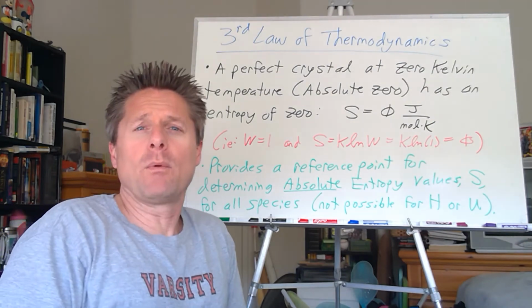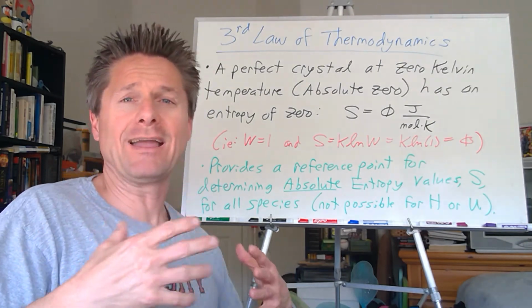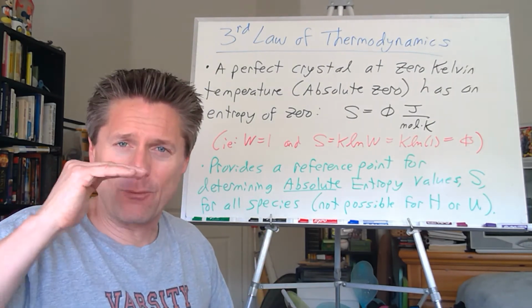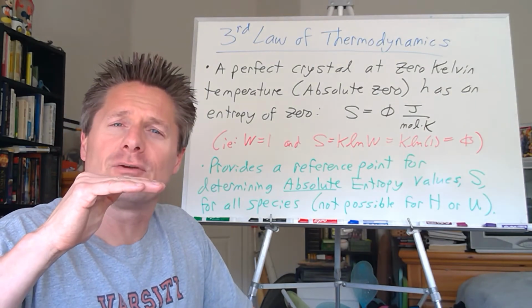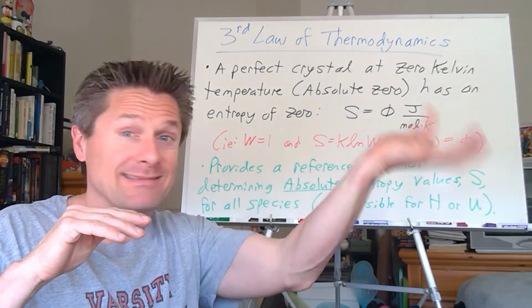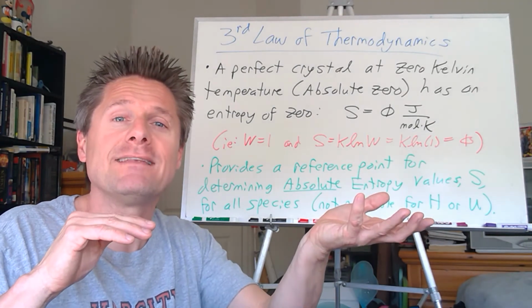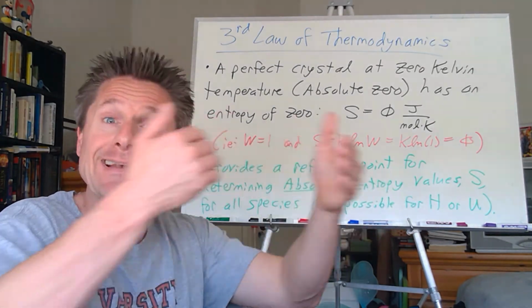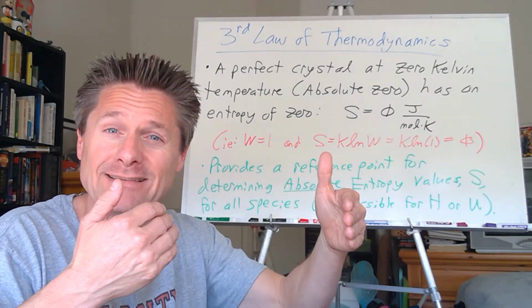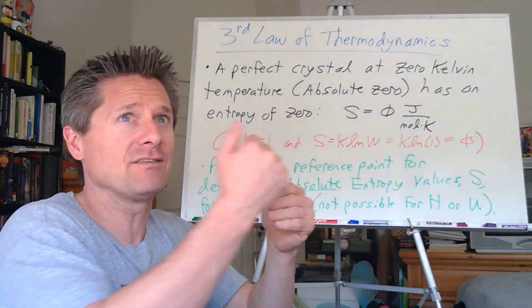So what we can do, if we want to calculate delta S, is take the reference point of 0 as your initial state, and then have that substance at some other state, right? That's a non-zero state, which we could measure that delta S. But that delta S is final minus initial.